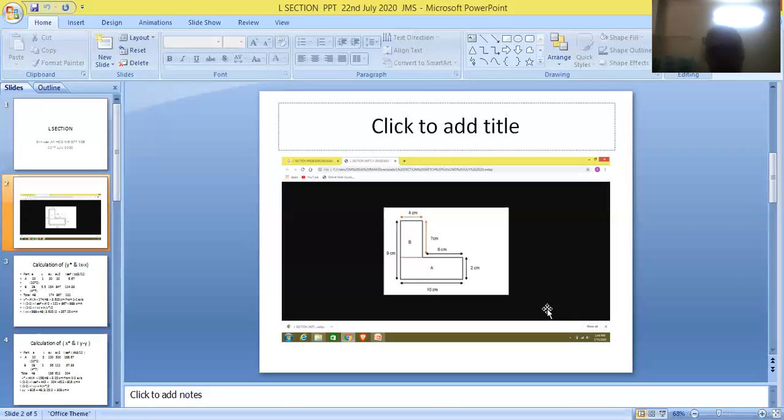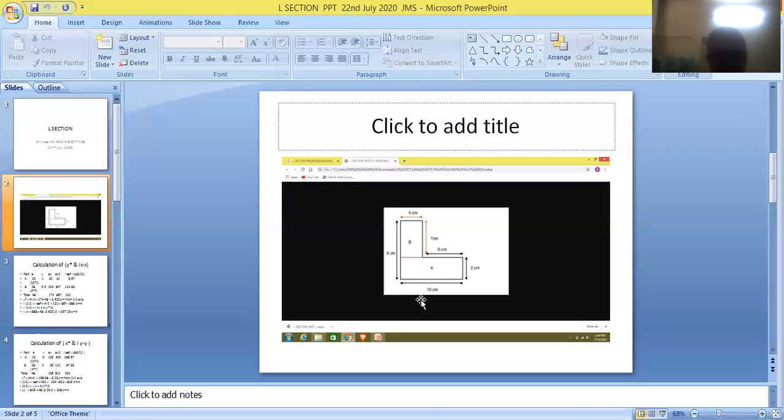And friends, finally, a horizontal line has to be drawn at the bottom of the section for indicating the 1, 1 axis. And a vertical line has to be drawn from the left-hand side of the section for indicating the 2, 2 axis.